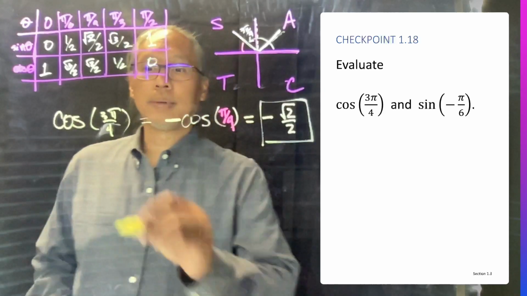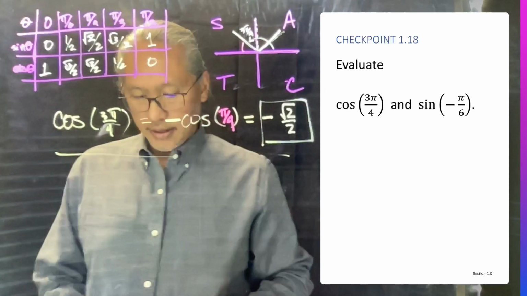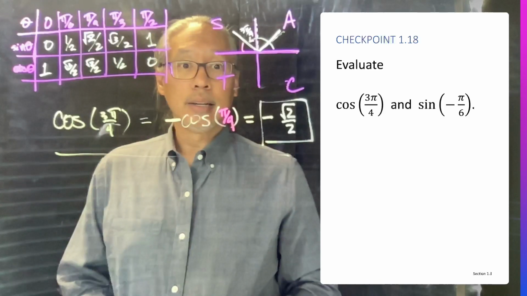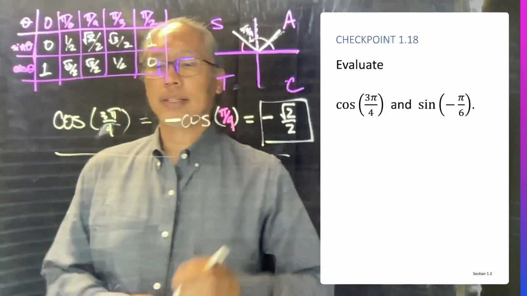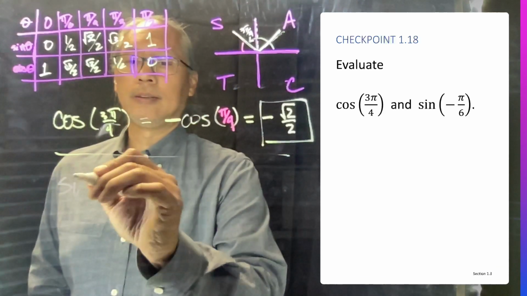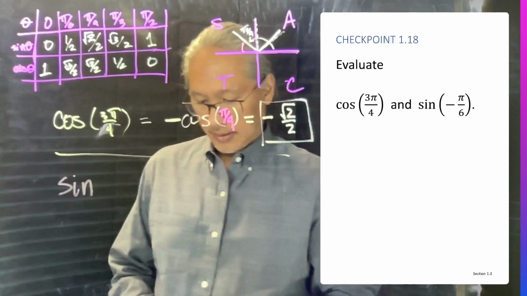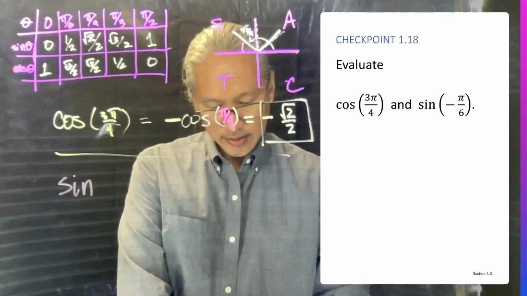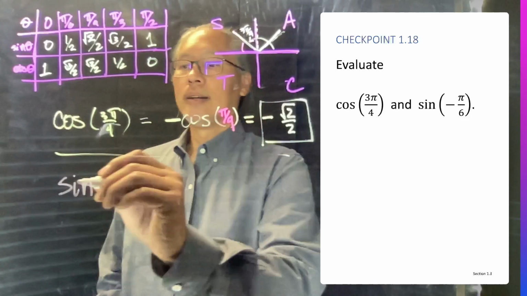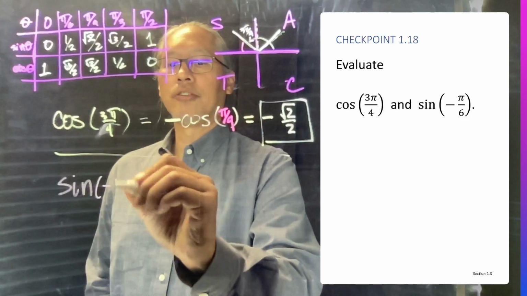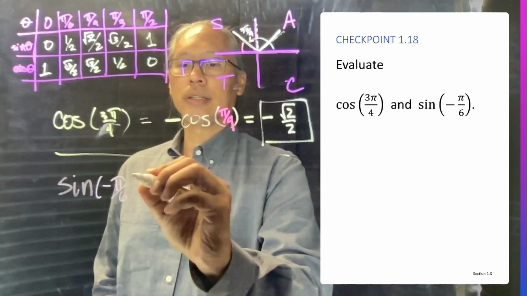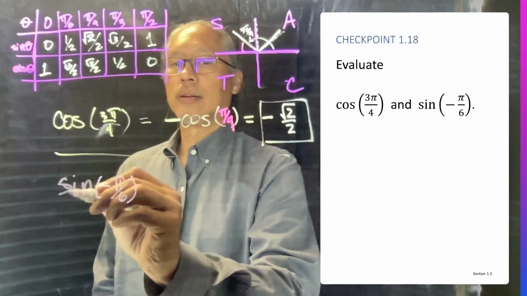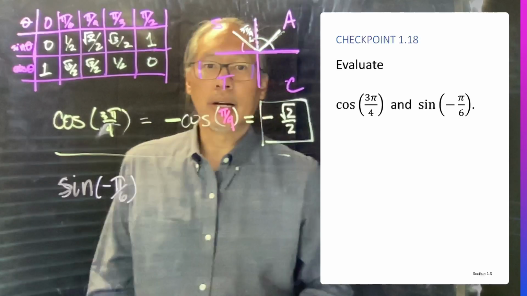Now let's do the second one. Here we have the sine of negative pi over 6. Let's get our pen working. So the sine of negative pi over 6.